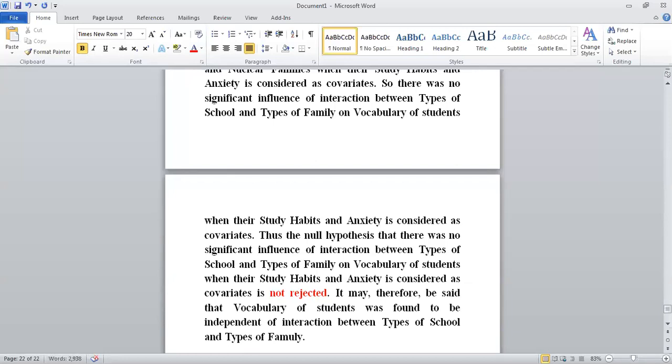Now this becomes the result. So therefore I have done one. Now you can exactly do the same for the other interactions.